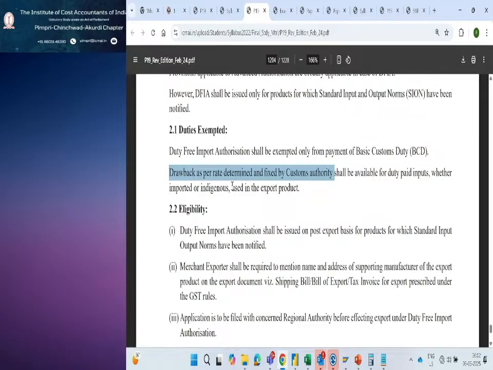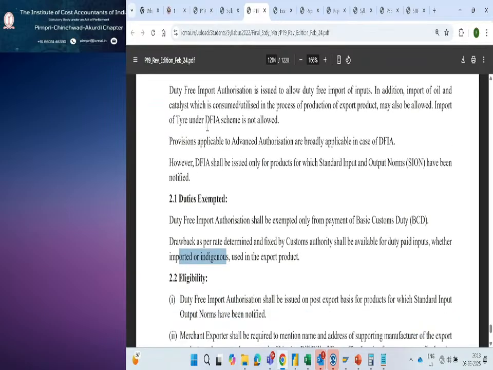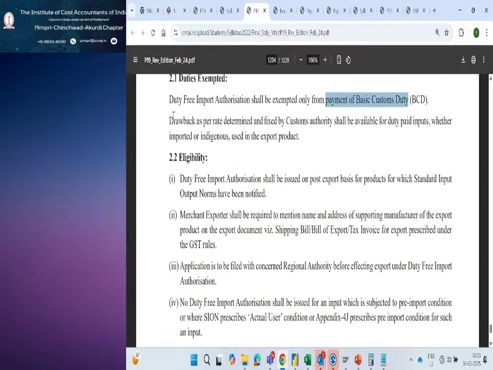We know it, the drawback rate is determined and fixed by the customs authority, whether import or indigenous, used in the export market. So duties exempted means you remember BCD, and who determines the drawback rate? It is fixed by the customs authority.